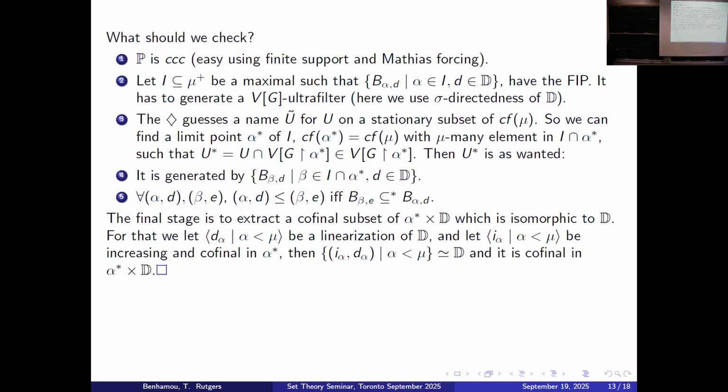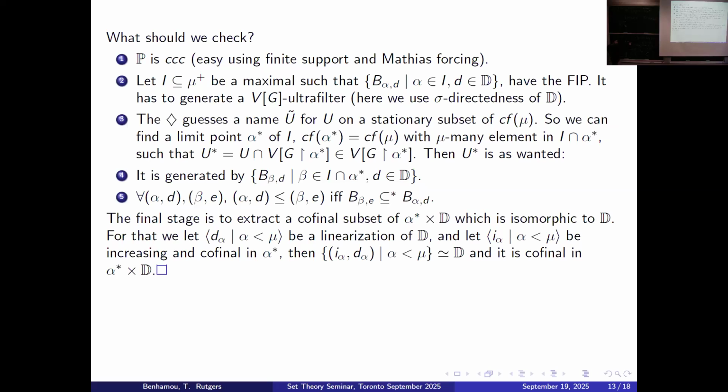And this is why I needed mu many elements below alpha star, and alpha star is the limit of them. And now basically I take the diagonal here. So I need the index I0, alpha 0, I1, alpha 1, and so on. And now you can show that this is going to be cofinal here.